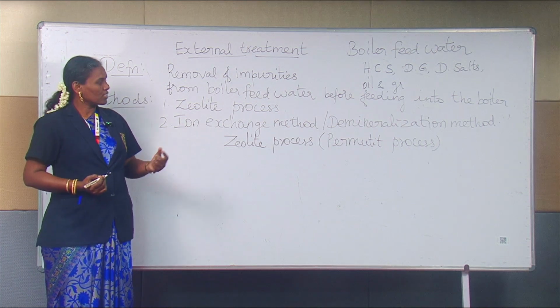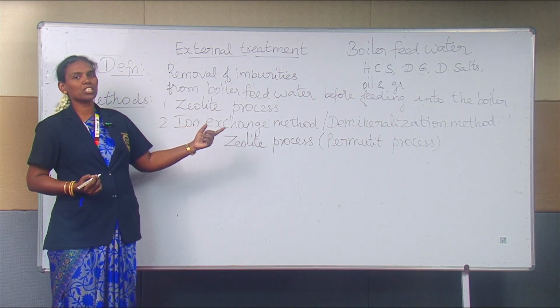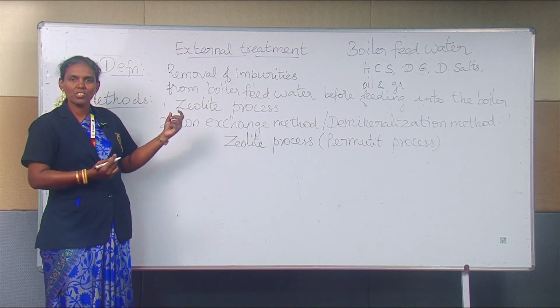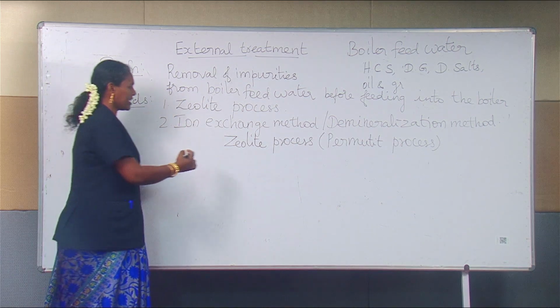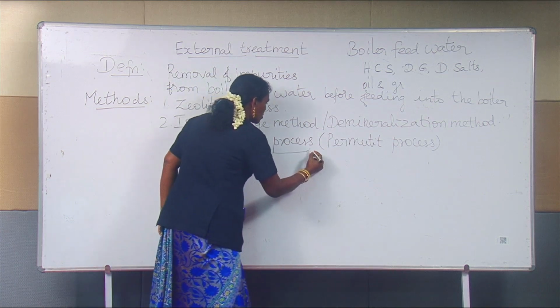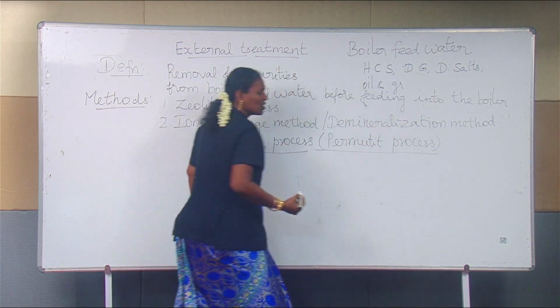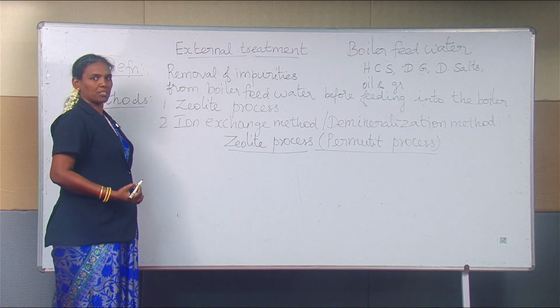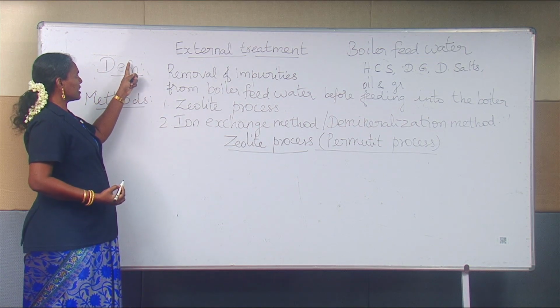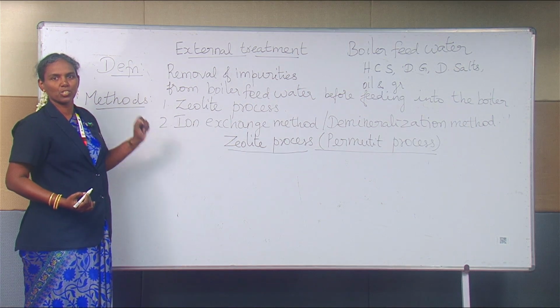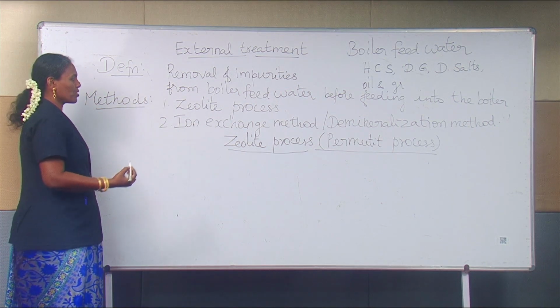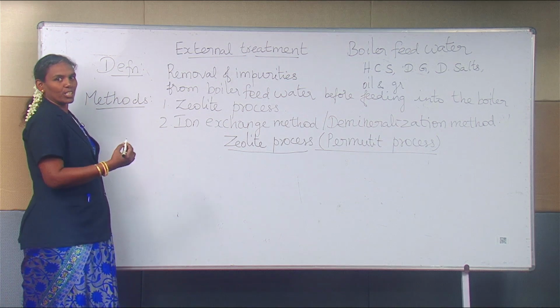If they ask about the permutit softening process, you again have to write the same external treatment. How do you present it? First, write the definition for external treatment and state that the zeolite process is one of its types. Then write a small introduction.